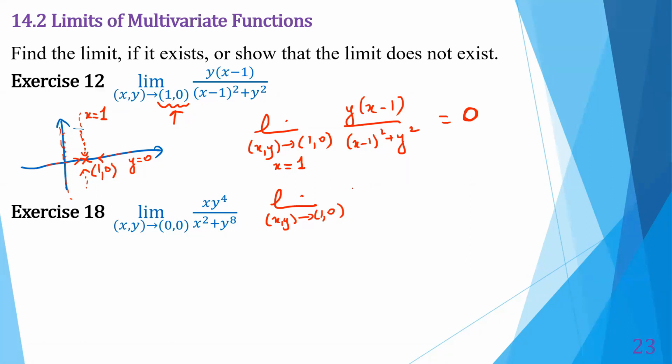So through the path y equals 0, this equals 0 over (x minus 1) squared, which is 0. So the limits through these two paths are equal. Does it mean that the limit exists and equals 0?